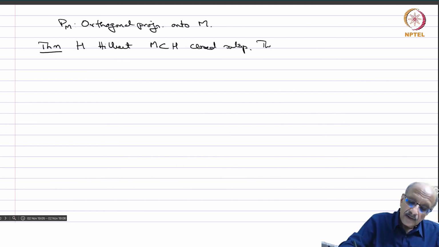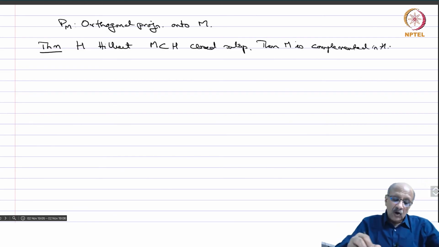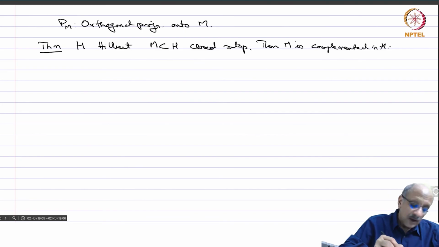Then M is complemented in H. Recall what is that? Not every closed subspace can be complemented, that is what we saw, and here we are proving that in a Hilbert space every closed subspace is complemented. Okay. Proof.